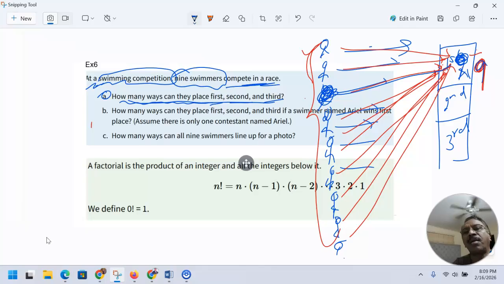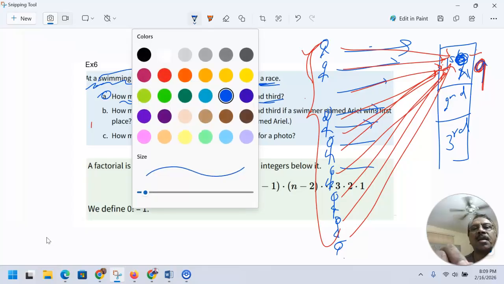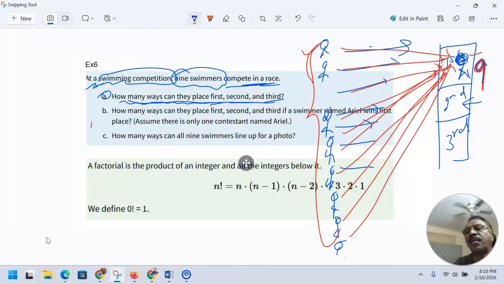Once that is gone, there will be only 8 remaining. So the second place will be selected from those 8 left: 1, 2, 3, 4, 5, 6, 7, and 8. So this could be any of those 8 swimmers.